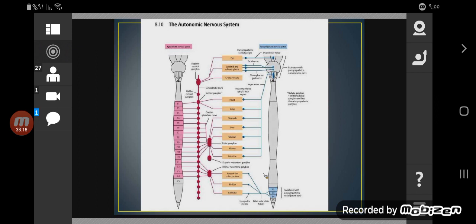The medial is nearer to the median in comparison with the lateral; the lateral is away from the median. These are the differences between them.